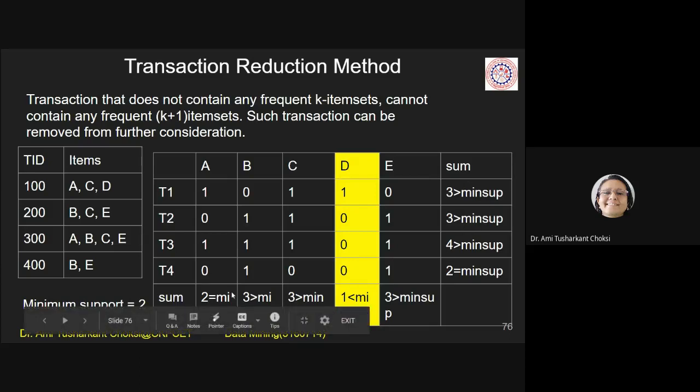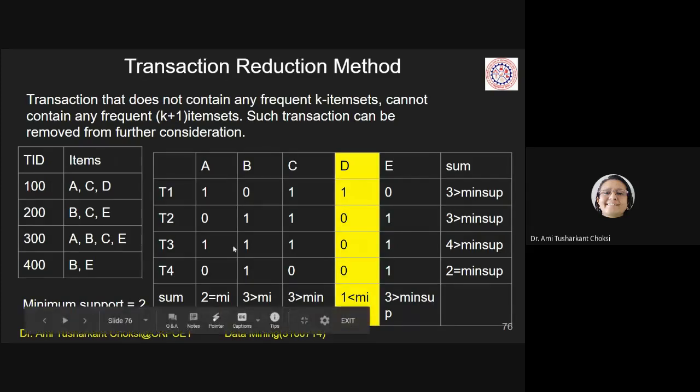Now, vertically what we are doing is, say 2. 2 is equal to minimum support, right? 3 is greater than minimum support. 3 is greater than minimum support. 1 is less than minimum support. And 3 is greater than minimum support. What is this? 2, 3, 3, 1, 3.